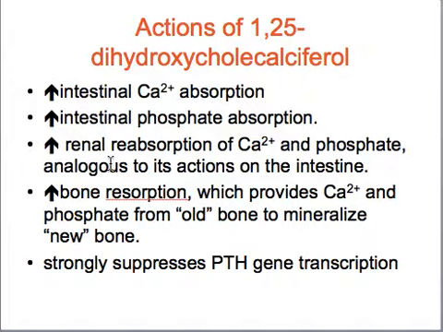Essentially, your vitamin D facilitates calcium and phosphate reabsorption both in the intestine and in the kidney. At the same time, your vitamin D also increases bone resorption in order to provide more calcium and phosphate from old bone to mineralize new bone. And your activated vitamin D strongly suppresses your PTH.